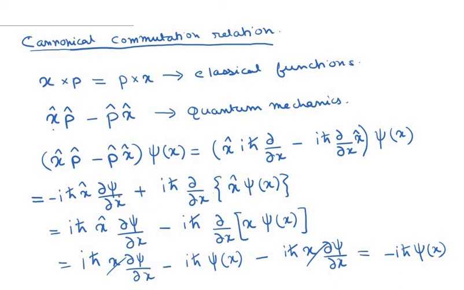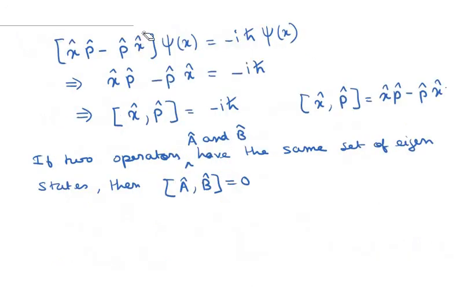So the commutation relationship is actually plus i h, not minus i h.